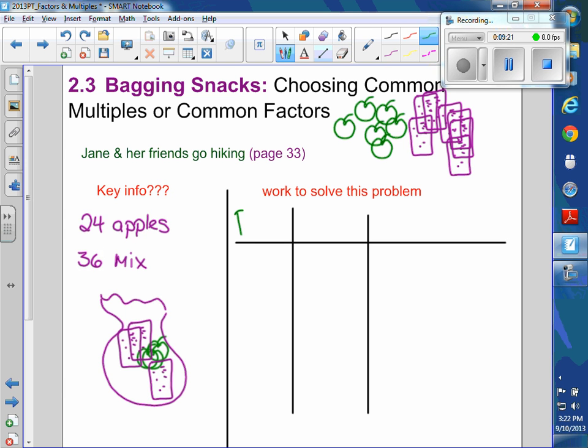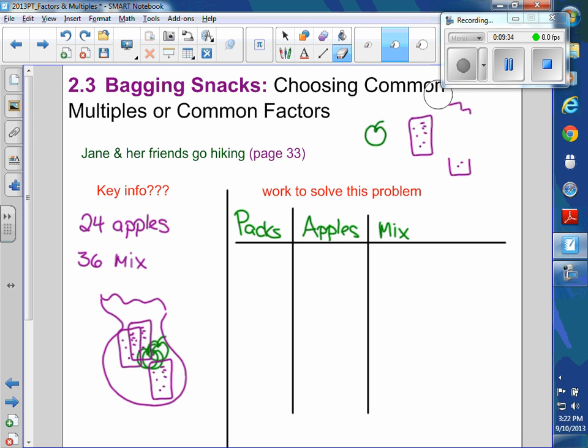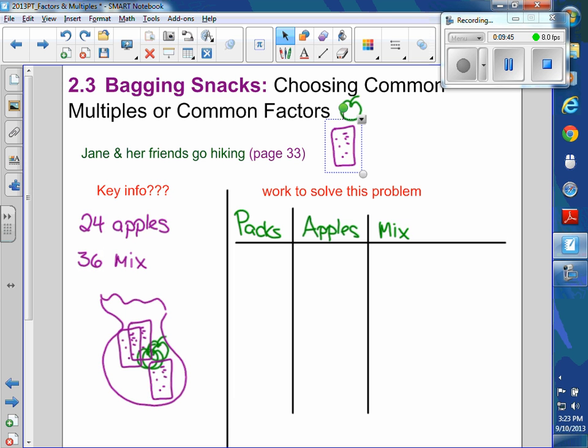How many packs? Maybe like backpacks. And each pack has to have some apples. And each pack has to have some trail mix. And so, if we're going to do that, we have to figure out the factors because we want to be doing division.